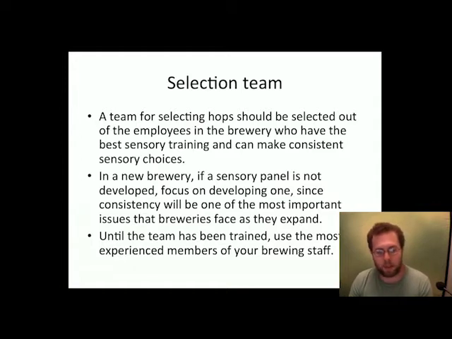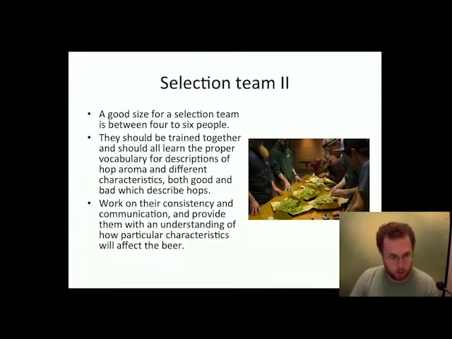If you don't have a sensory panel developed, you should focus on developing a sensory program, and focus on consistency, so that the panel can consistently pick the same type of choices, the same aroma and such, as you expand. A good size for a selection team is between 4 and 6 people, as is recommended.